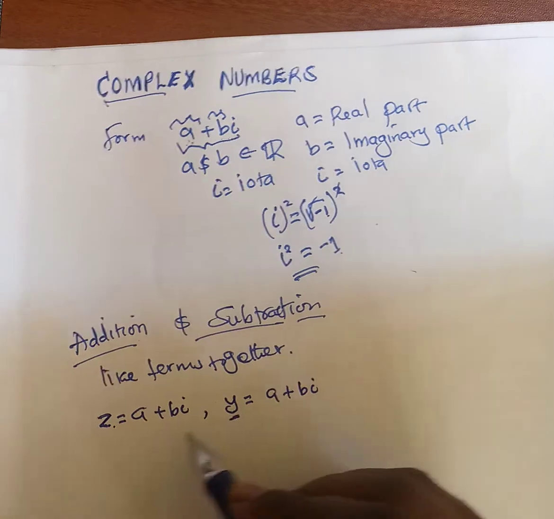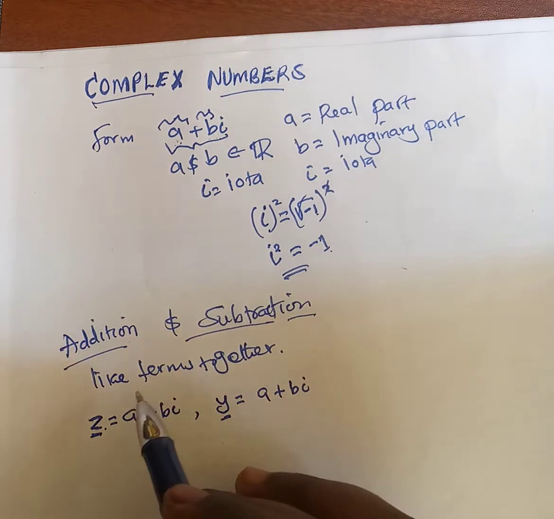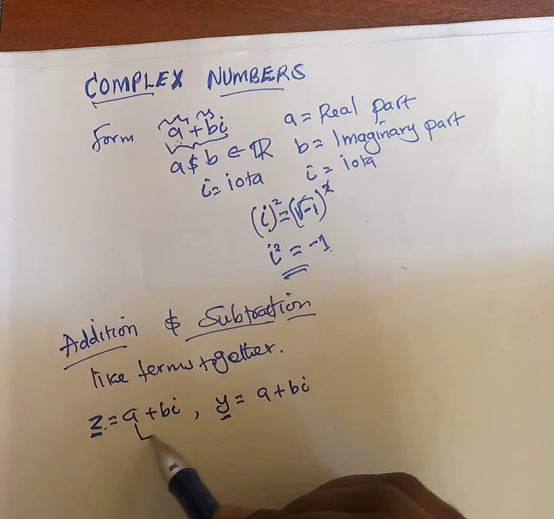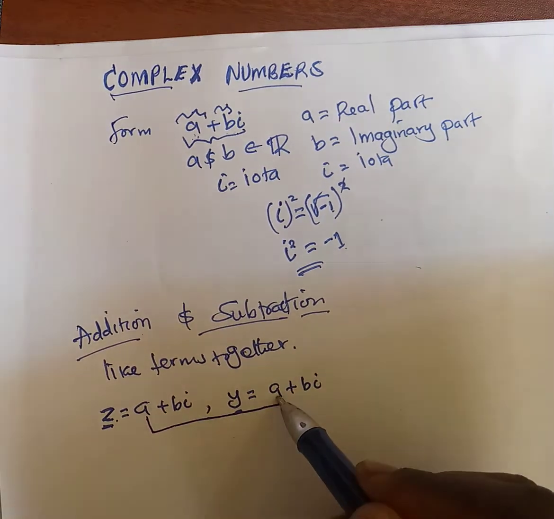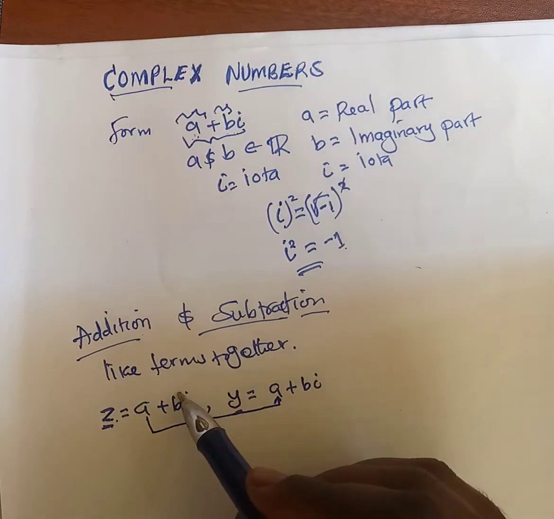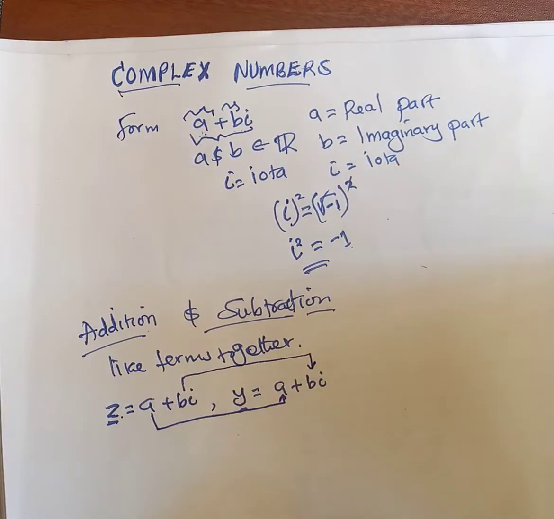These are two complex numbers, z and y. What I mean by like terms is you look at the real part of both these numbers, that is a, and add them, and then you look at bi and bi and add them. Those are like terms.